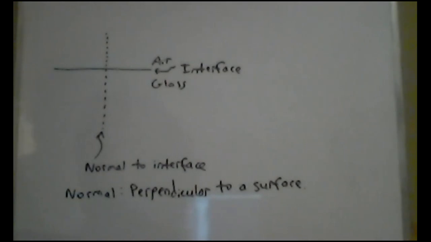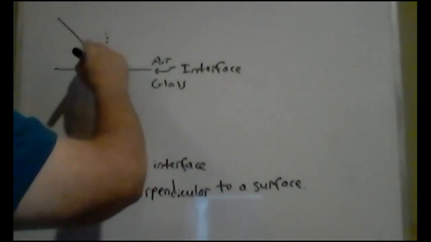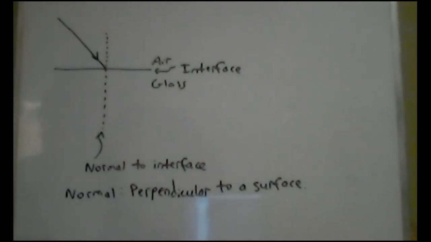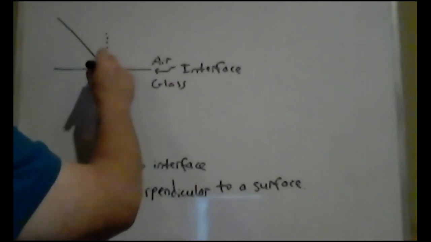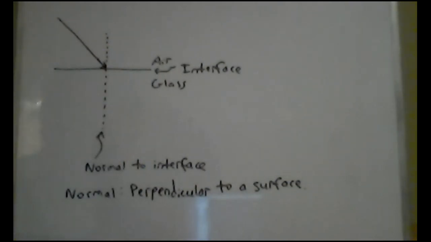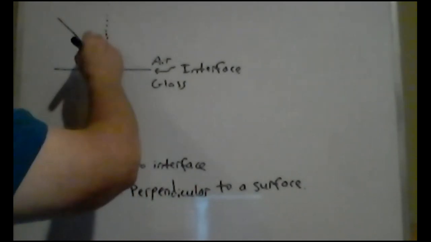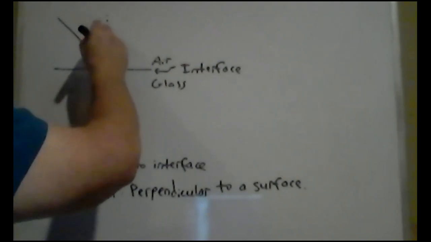Now what's interesting is we're going to imagine a ray of light striking the interface at some point. So here comes an incoming ray of light, and it's going to strike this interface. The light is going to make an angle theta sub I with the normal.